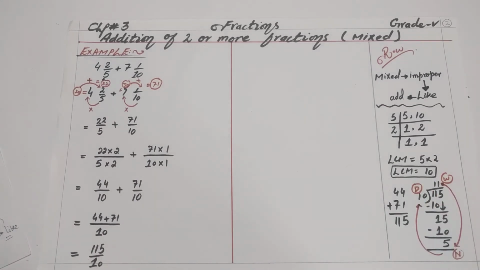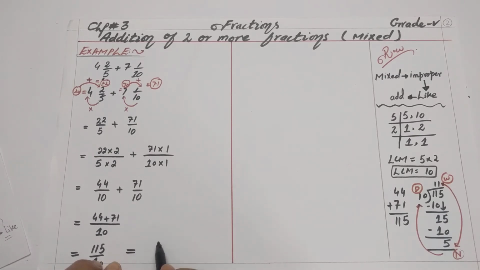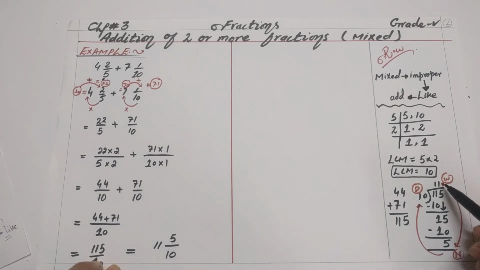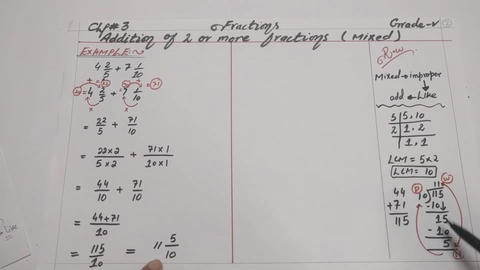So let's start. 11 will be the whole number, 5 will be the numerator, and 10 will be the denominator. This one is our whole, this one is our numerator, and this one is our denominator. So 11 5 by 10 is our required answer in the mixed fraction form.